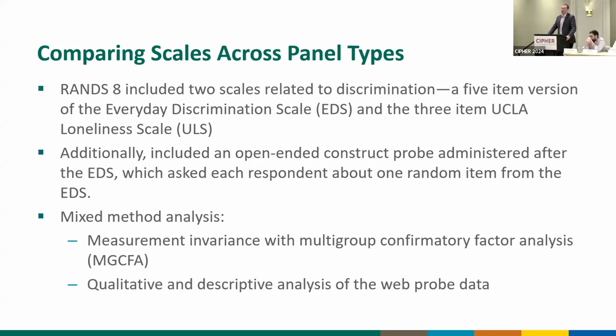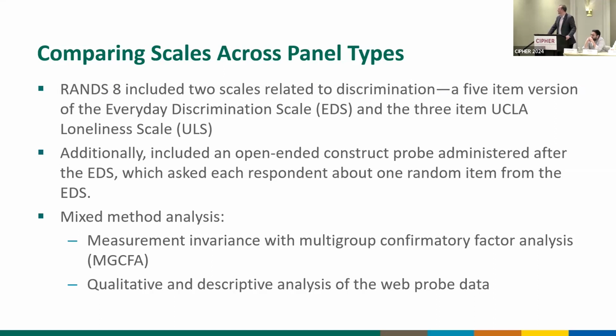So I'm going to focus on two different psychometric scales that we ran in RANDS 8. First, we did a 5-item version of the Everyday Discrimination Scale, or the EDS. And I also ran the 3-item UCLA Loneliness Scale relating to our loneliness work yesterday.